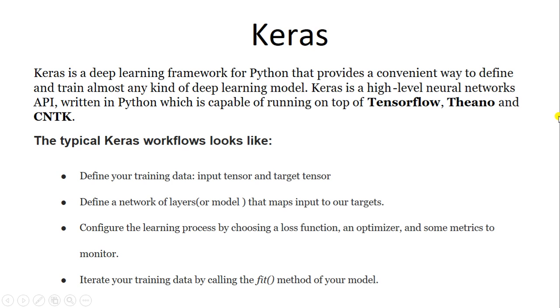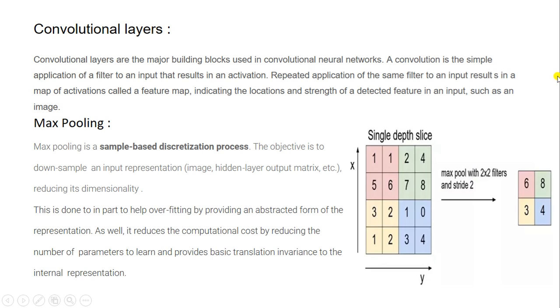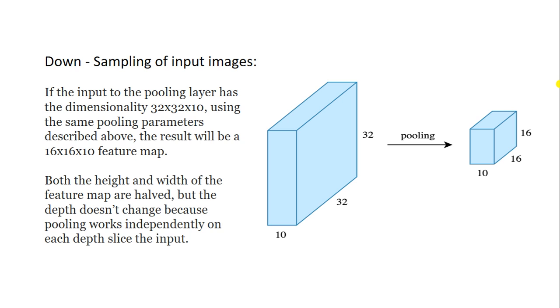Data augmentation means it pulls the maximum parameters from the original image. In the convolution layer, they pull the maximum pixels and parameters from the image. It will reduce the computation cost by reducing the number of parameters to learn from the basic image.